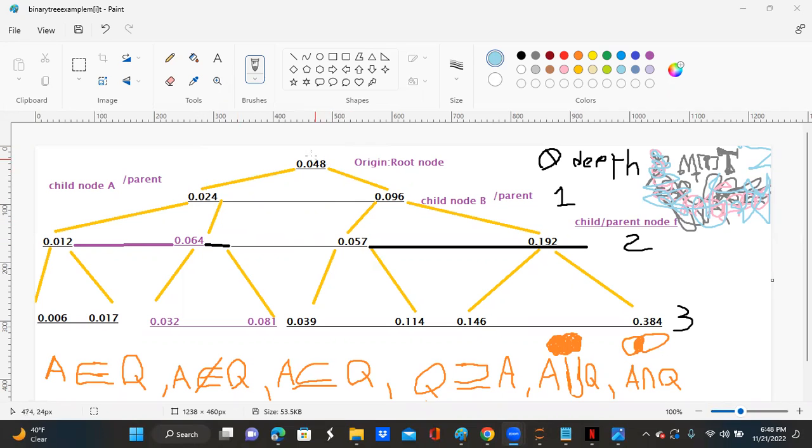So here is the origin, the root node, the very beginning, and then to its left, it has a child. This child is less than the root, and then on the right side, it will be more than the root.